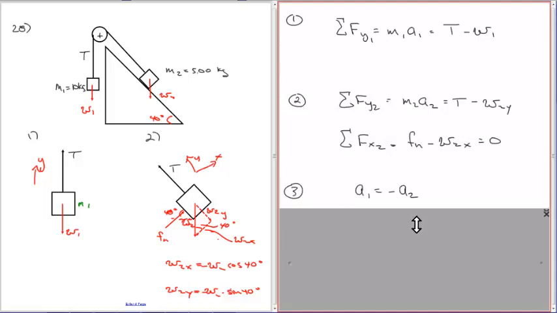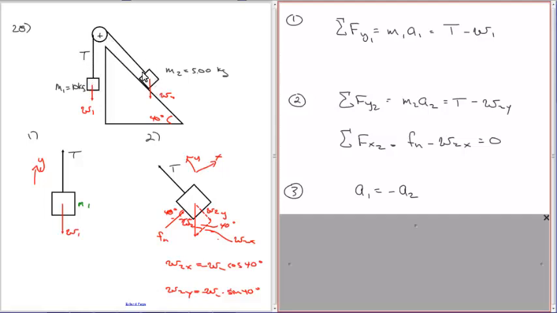And this just relates the two accelerations, A1 and A2. The way we do that is we just imagine that this thing is moving in one direction and see what happens with this thing. So if we move up, let's just assume A1 is positive. What's happening here? Well, this has got to go down. This goes up, that's got to come down because the rope stays the same length.